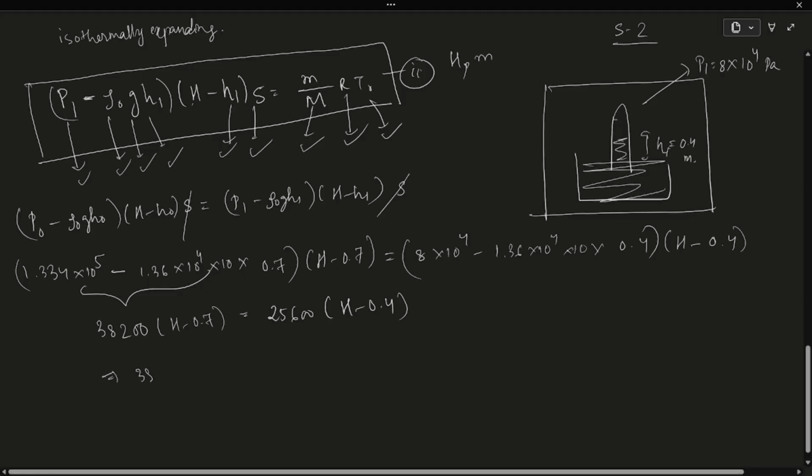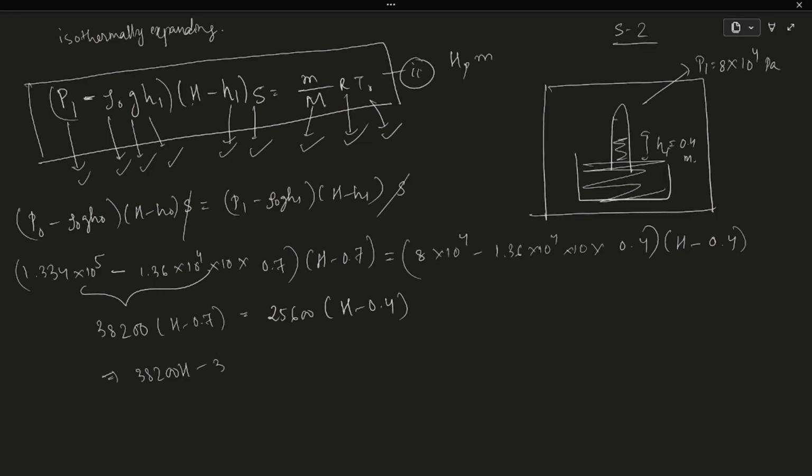Then we have 38200 H minus 38200 into 0.7, which is 26740, and 25600 H minus 25600 into 0.4, which is 10240.